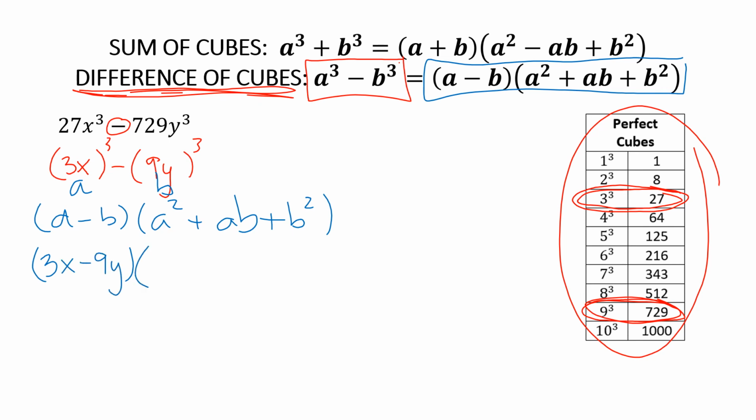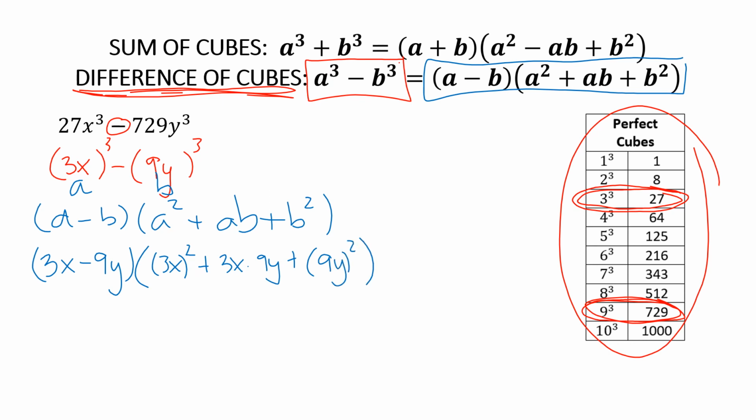And then for a squared, that's going to be 3x squared, the whole thing squared, plus a times b. That would be 3x times 9y, plus b squared. That would be 9y squared.